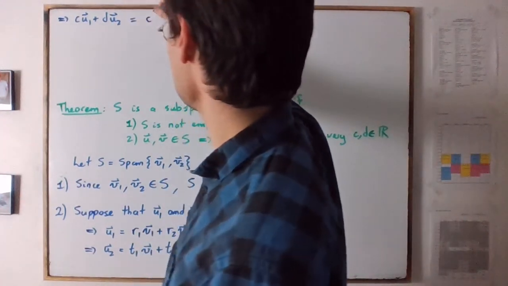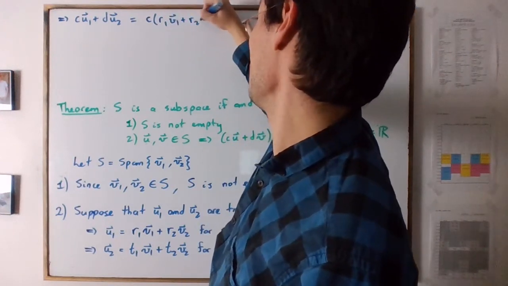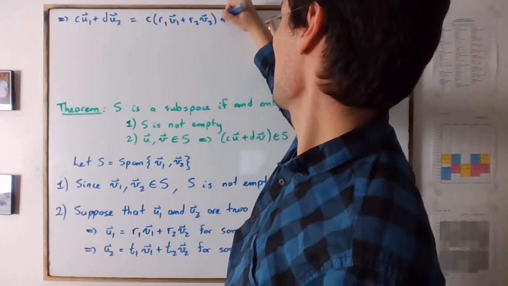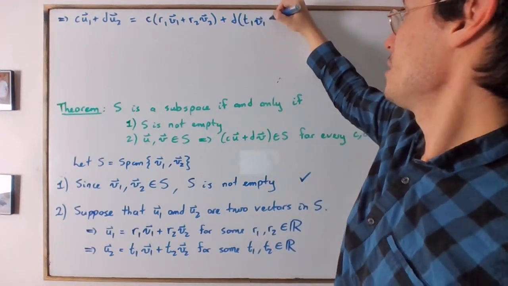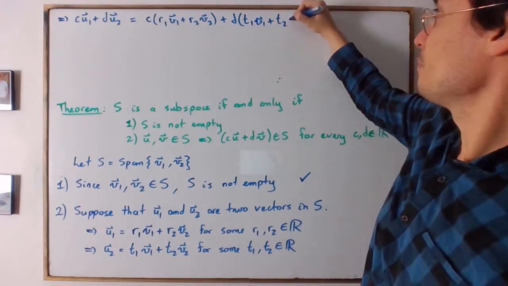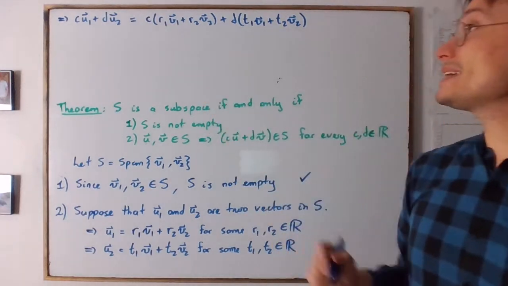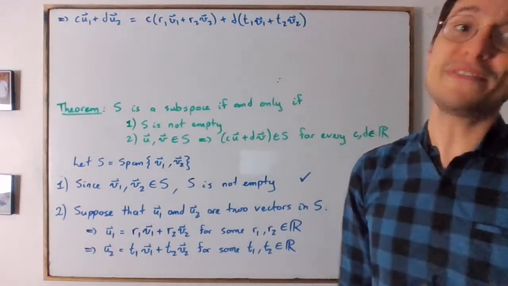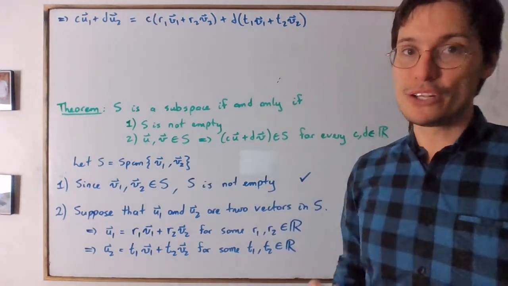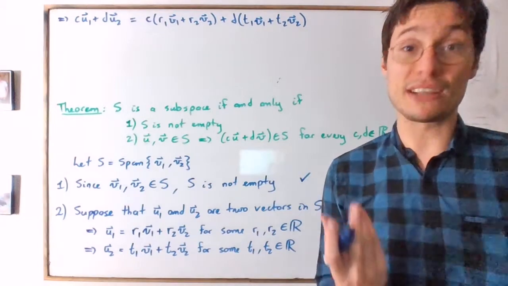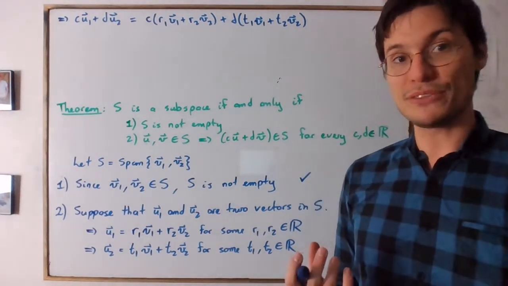So we'll have C times (R1 V1 plus R2 V2) plus D times (T1 V1 plus T2 V2). The idea is to prove that this is a linear combination of the vectors V1, V2. That will be enough to prove that it's in the span. The only thing we need to do here, as you have done a couple of times, is to regroup the V1s together and the V2s together.